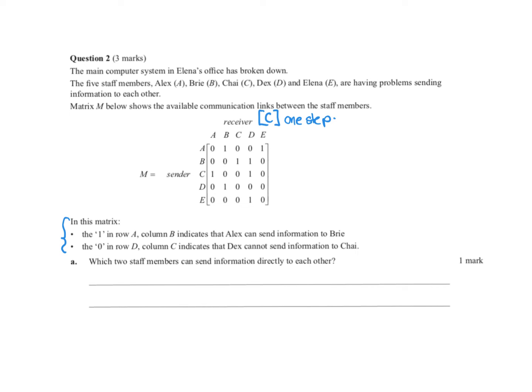Yeah, so if we look between B and D, here we can see a 1, and then down at D, D can also go to B. Because there's a 1 in both combinations, and for all the rest one combination has a 0. So which 2 staff members can communicate directly with each other? We'll just write their names. It was B and D.